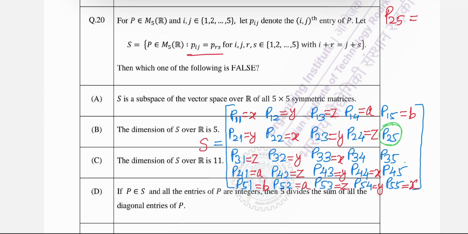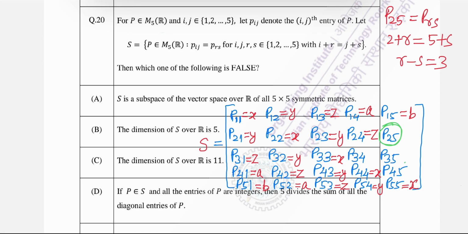P25 equals, impose the first condition, this will be PRS, and impose now the second condition. I plus R, that is 2 plus R equals J plus S. J is 5 plus S, and this time R minus S equals 3.